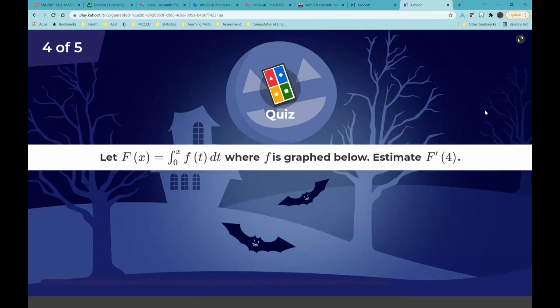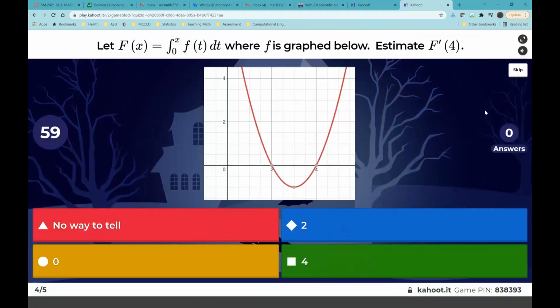Now here we're taking a derivative of an integral.